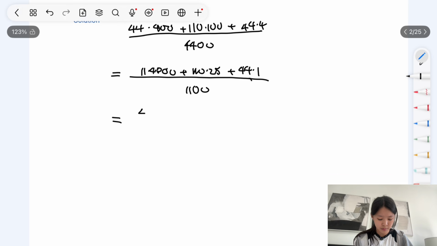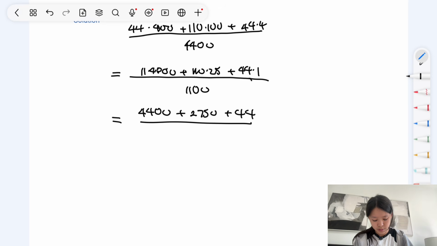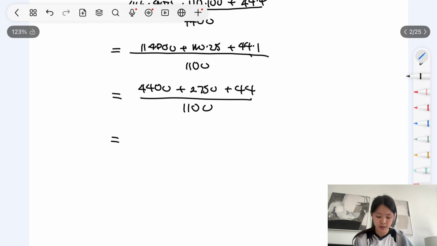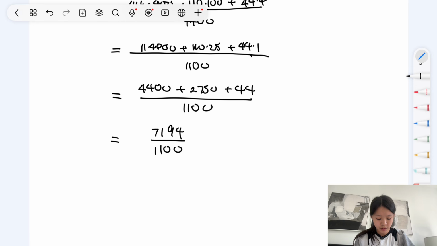So we can add that up, and first we would get this number, and then 2750 plus 44 divided by 1,100. When we add all of those numbers together, the numerator is 7,194 divided by 1,100.